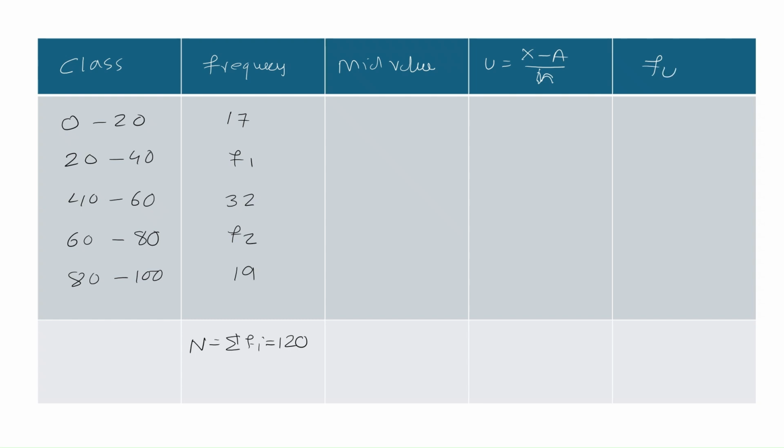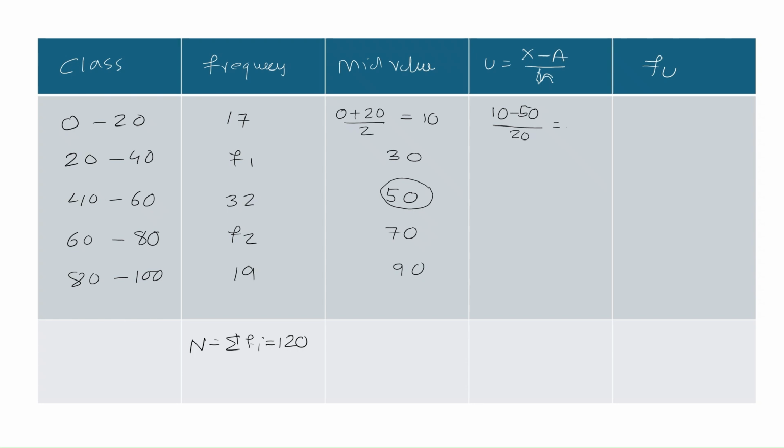So the mid value here will be 0 plus 20 divided by 2, which is equal to 10. Similarly, this will be 30, this will be 50, this will be 70, this will be 90. U here will be x minus the assumed mean, which is 50 here because this is the center, and H is the width. The width is 20 in every class.